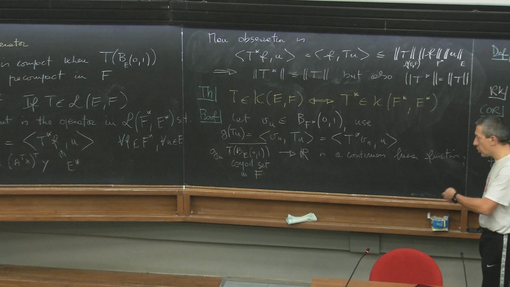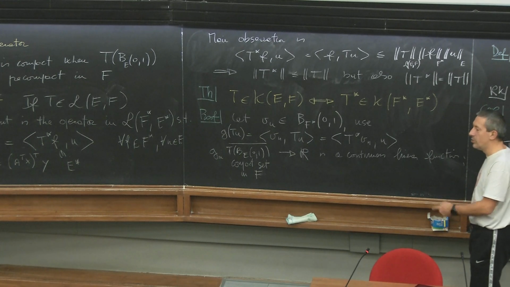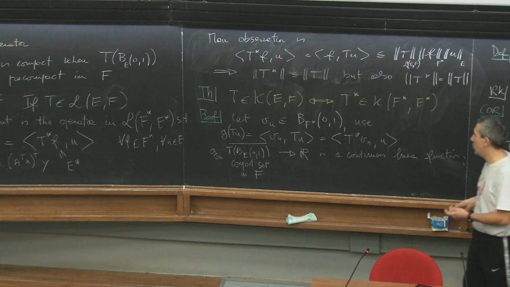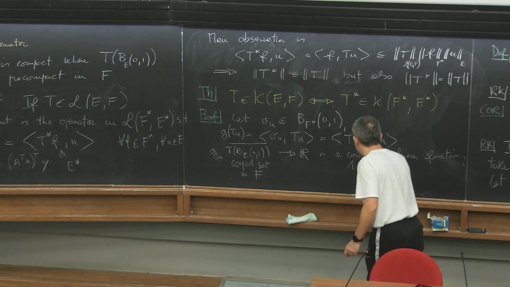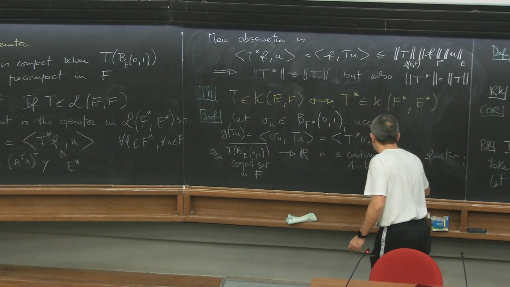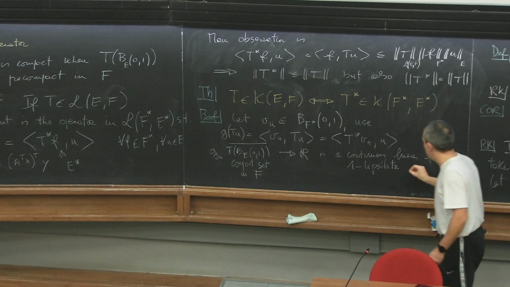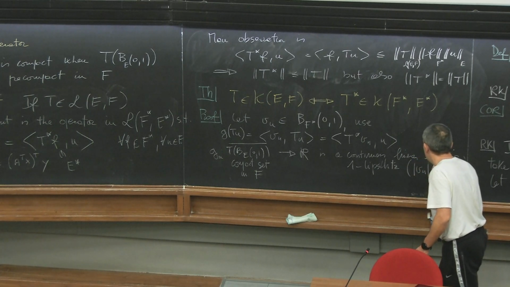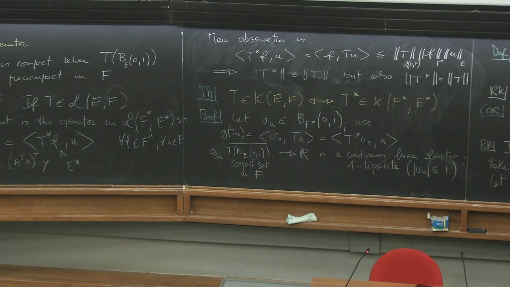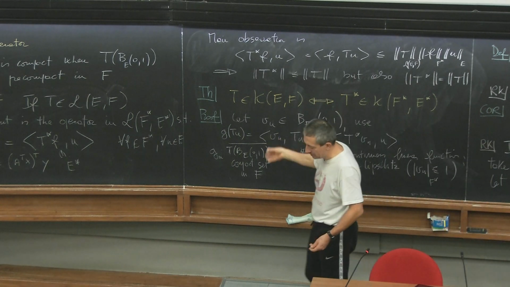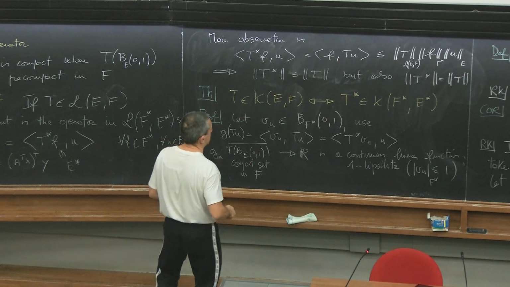Moreover, it is not only continuous, but its slope is also bounded by 1, so it is 1-Lipschitz. Why is that so? Because the norm of V_n is less or equal than 1. By definition, the difference between the images is less or equal than their distance.